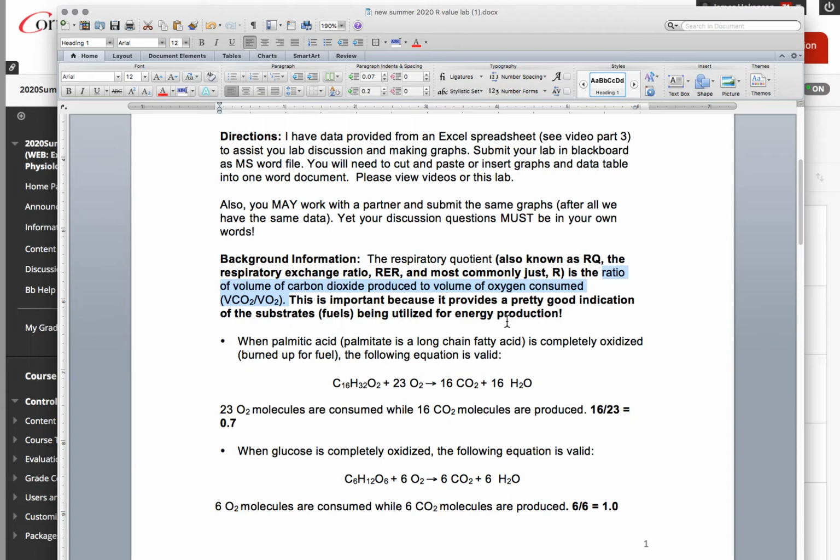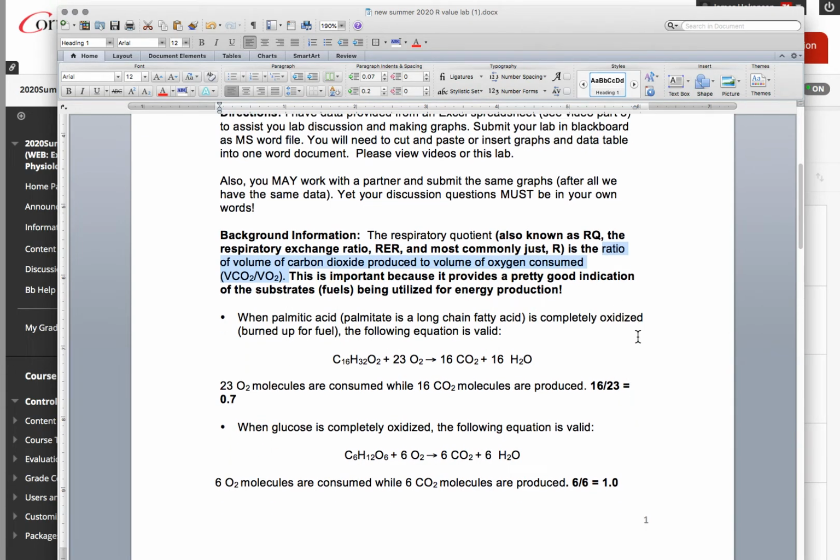So it's a ratio of VCO2 produced divided by VO2 consumed. And the units cancel each other out, so this respiratory exchange ratio does not have units. It's just a ratio of CO2 produced over O2 consumed. So let's look at two examples. And remember, this RER gives an indication of fuel utilization.